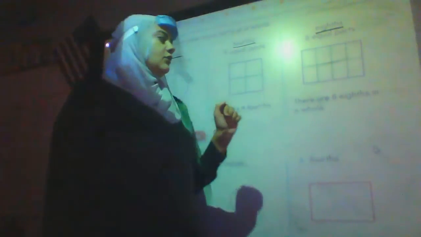All right. There are 2 halves in a whole. There are 4 fourths in a whole. There are 8 eighths in a whole. Draw to show equal parts. So here they want you to draw eighths. That means we're going to cut this in 8 equal parts.